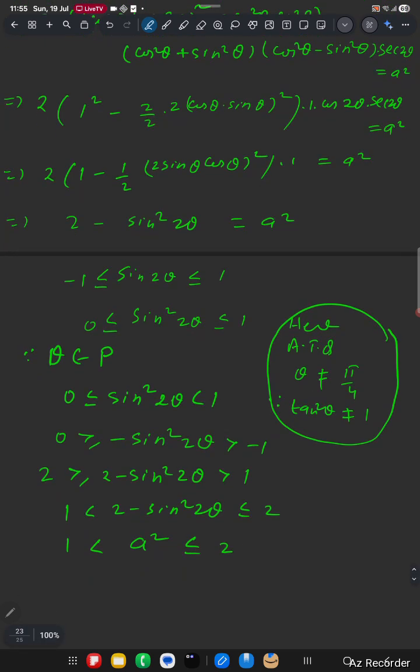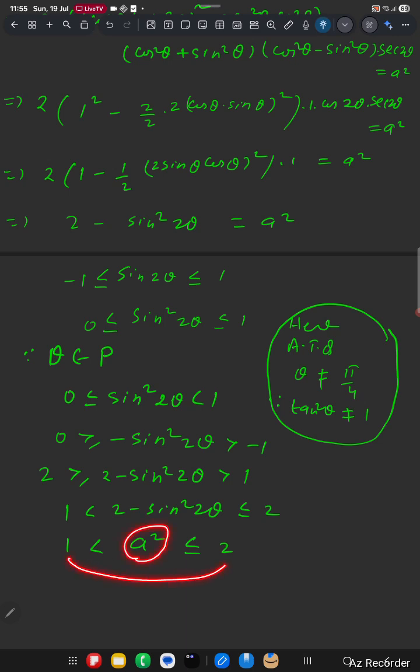This means that a square lies between 1 and 2, and a square belongs to the integers, so a square is an integer.